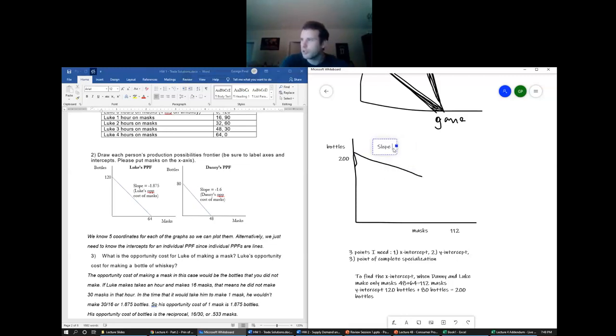The slope is Danny's opportunity cost on just this piece. And that's equal to negative, I believe it was 0.53, well, negative 1.6, I'm sorry.